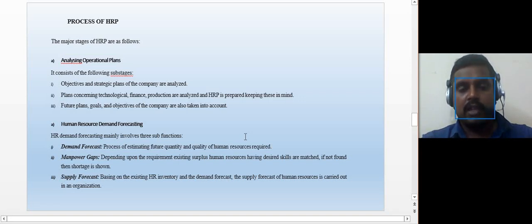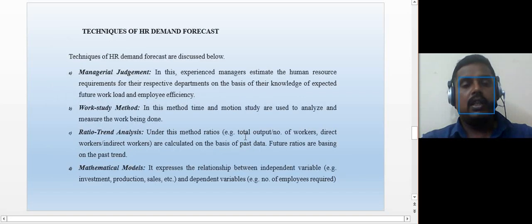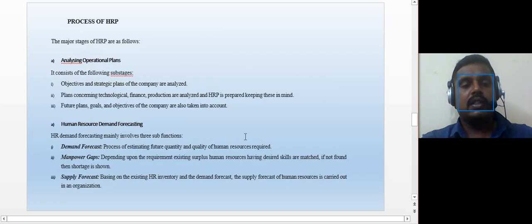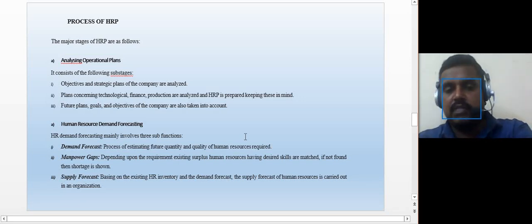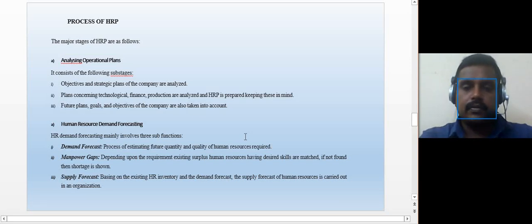Analyzing operational plans and human resource demand forecasting. Analyzing operational plans consists of the following substages. First, the objectives and strategic plans of the company are analyzed. We must see the company's objective, vision, and mission statement of that particular strategic plan, analyzed from the operational levels.